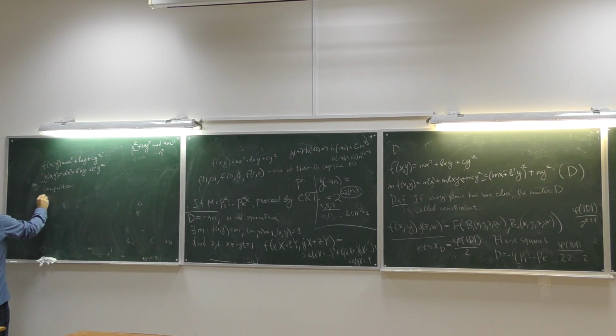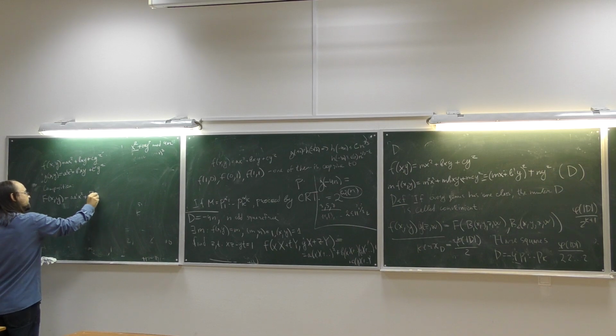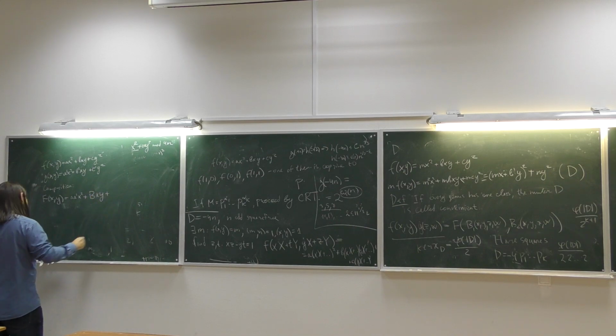You take f of xy to be equal to a prime x squared plus capital B xy plus capital C y squared.